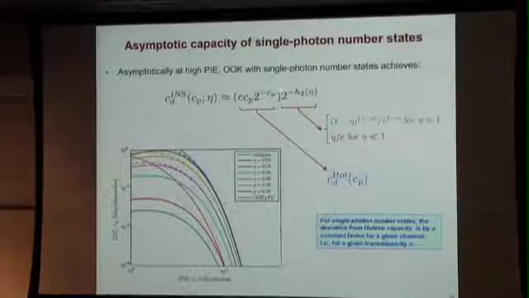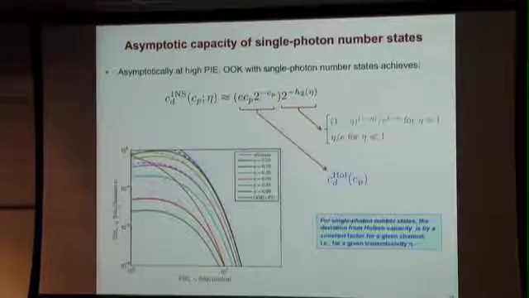So this is exactly the asymptote of the Holevo bound, and this factor is less than 1. It goes to 1 if transmissivity is perfect, but otherwise it's a number less than 1, and that's the price you pay relative to the Holevo bound for using single photon number states.